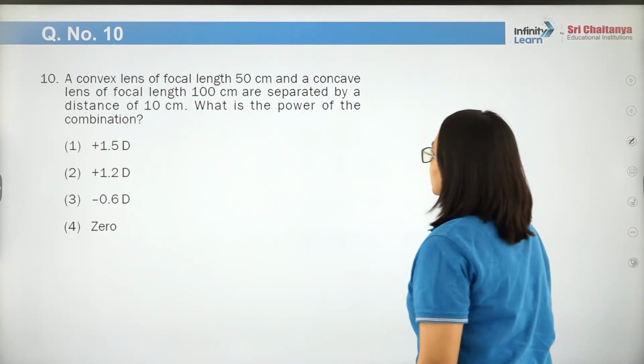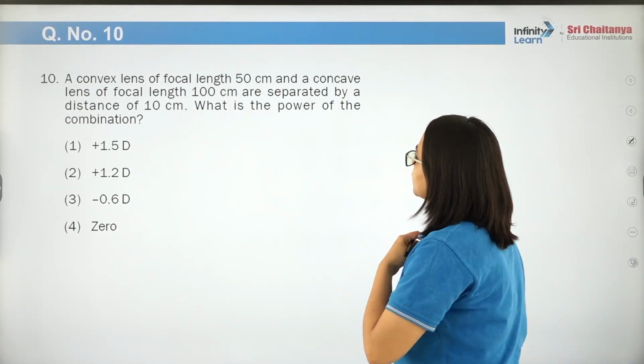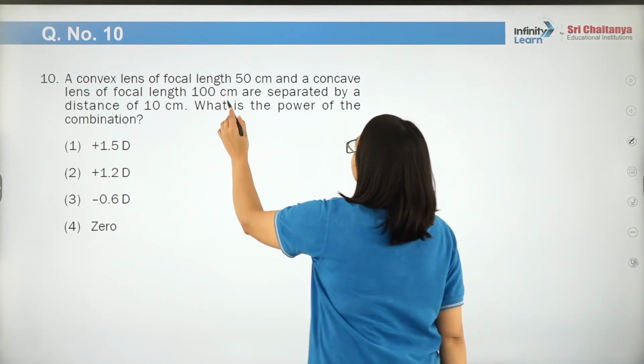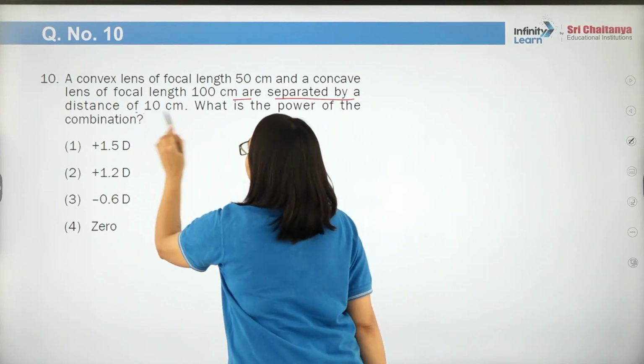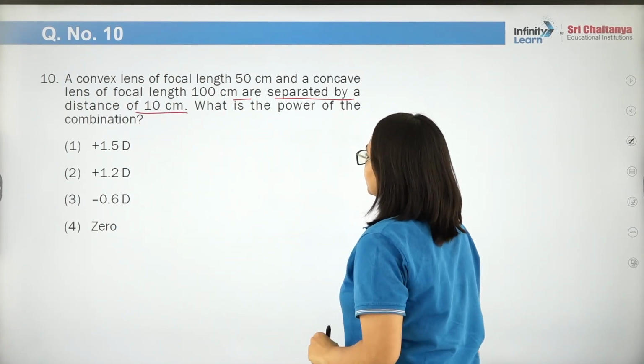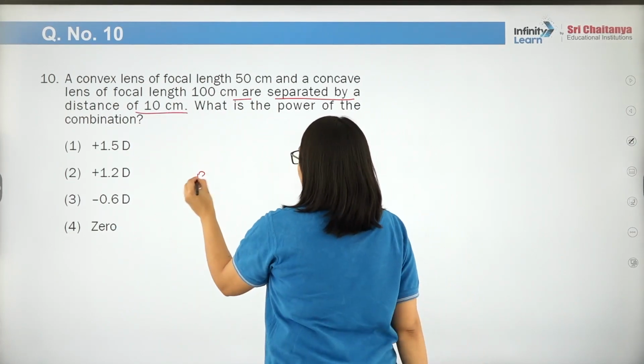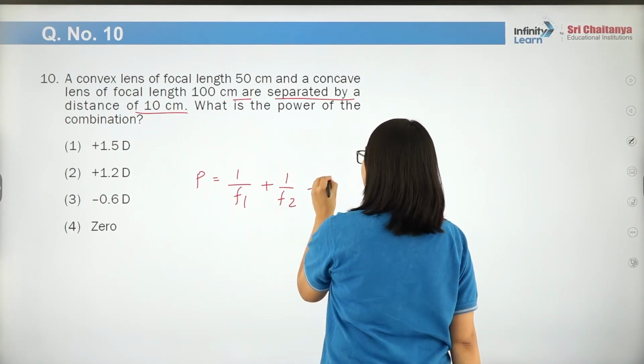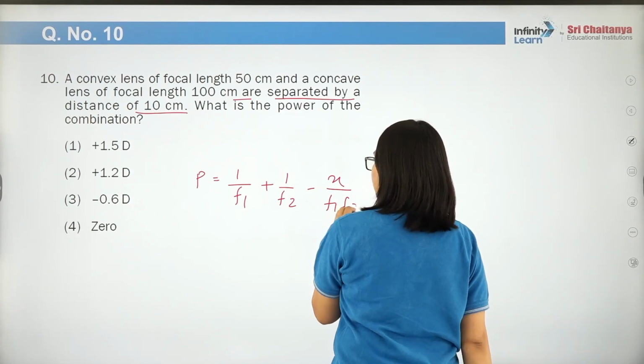Next is question number 10. A convex lens of focal length 50 cm and a concave lens of focal length 100 cm are separated by a distance of 10 cm. What is the power of the combination? So power is given as 1 upon F1 plus 1 upon F2 minus x upon F1 F2.